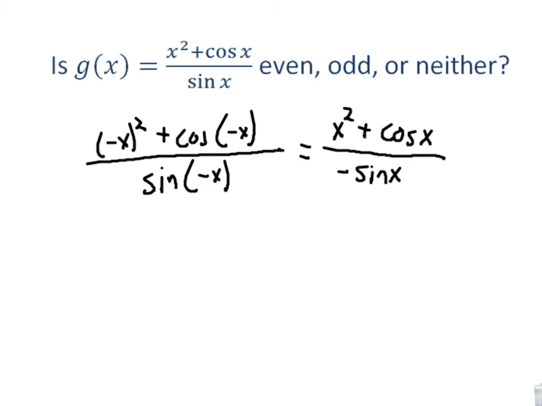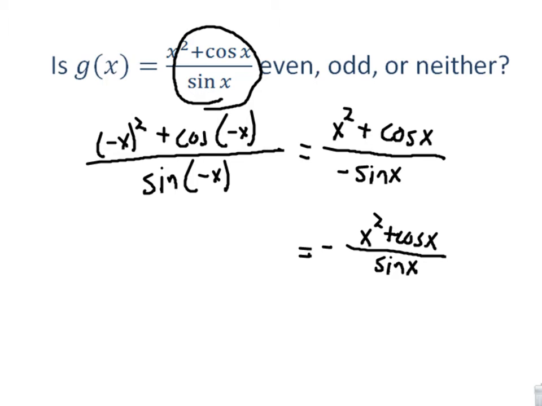The denominator is the opposite. Well, what we can do here is factor a negative 1 out of our denominator, and we have negative x squared plus cosine x over sine of x, and we see that is the opposite of what we had originally. So this and this are opposites, and so if they're opposites, we know it's an odd function.